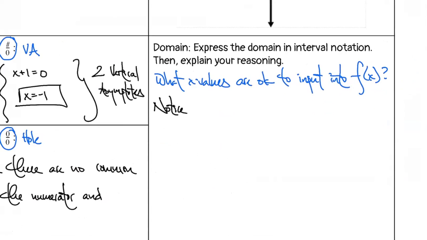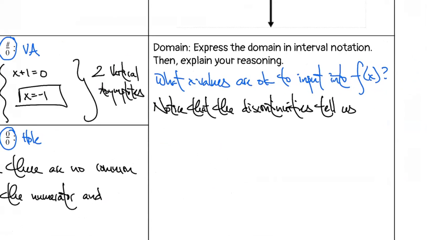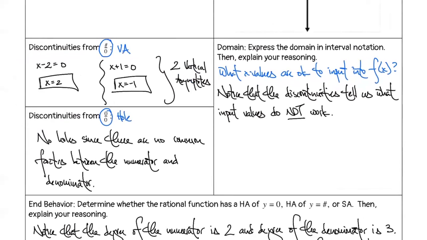Notice that the discontinuities tell us what input values do not work. Right? So we know that we can't put in x equals 2 and we can't put in x equals -1.